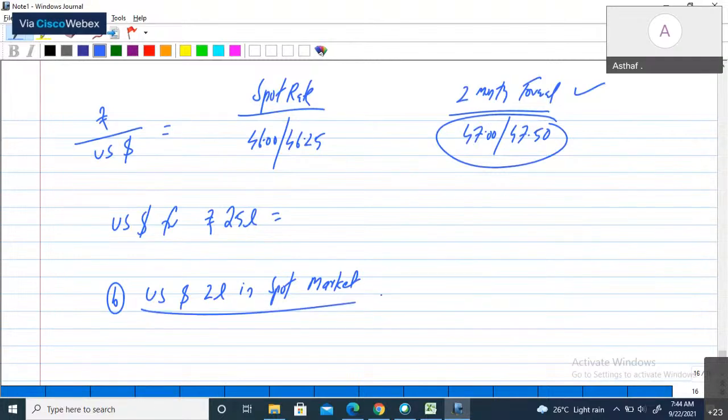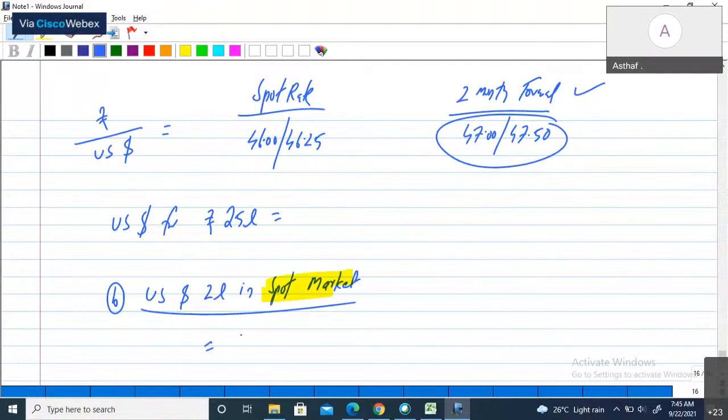You want 2 lakh dollars in the spot market. If you are buying, the bank is selling. The rate at which the bank sells is called the ask rate, or offer rate.